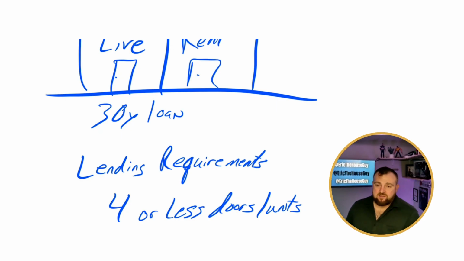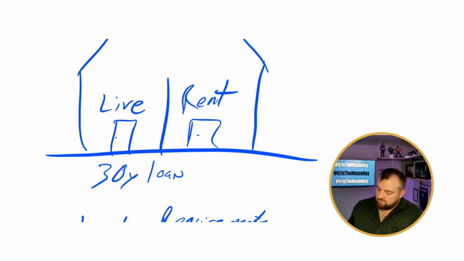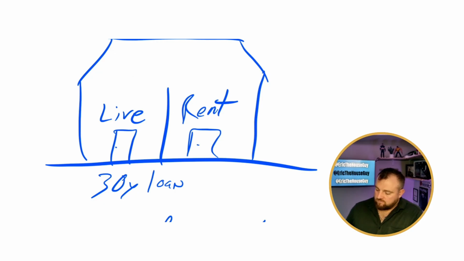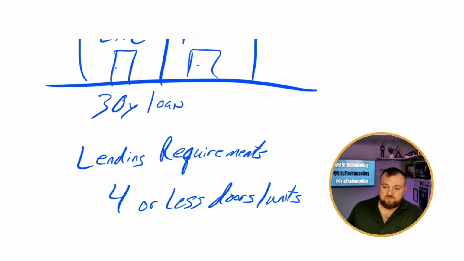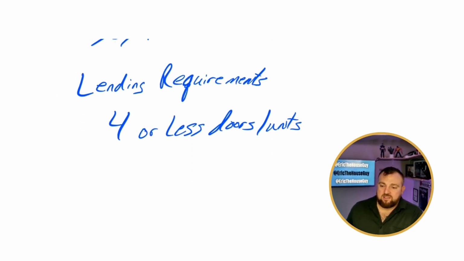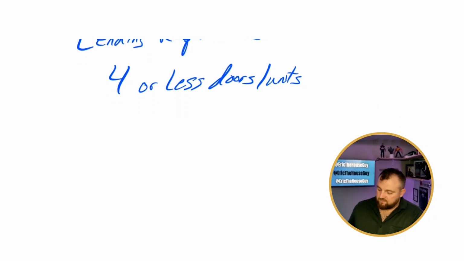Property types, you would consider this to be multifamily. It's simply understood as there's more than one family living in that building, so it is multifamily. Again, just to beat this home, the lending requirements allow you to get conventional funding for 4 or less doors.